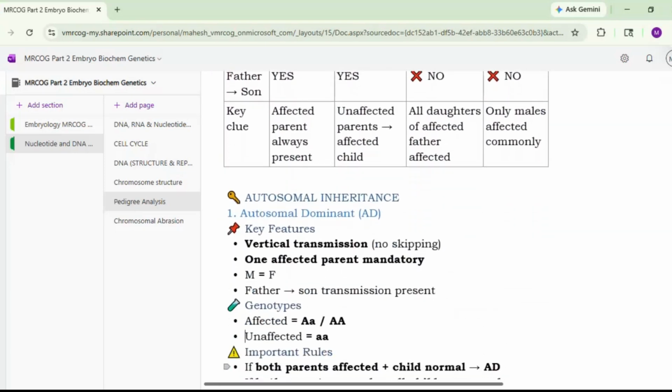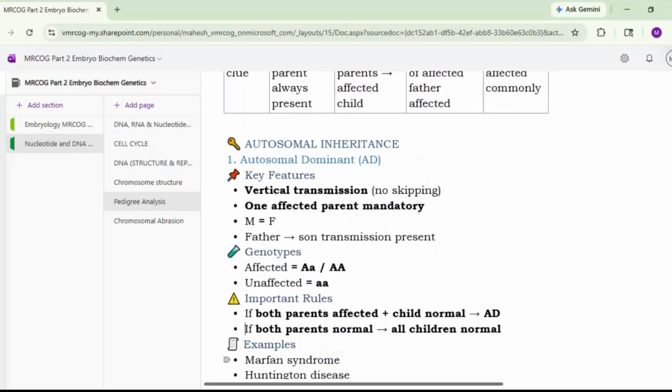Okay. Just to summarize, autosomal dominant inheritance: vertical transmission, one affected parent is always mandatory, there is equal male to female involvement, and father to son transmission is present. For genotypes, the affected will be AA or Aa, so one will be heterozygous but still affected, and the unaffected will be aa.